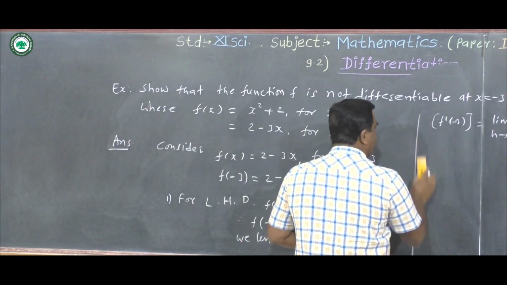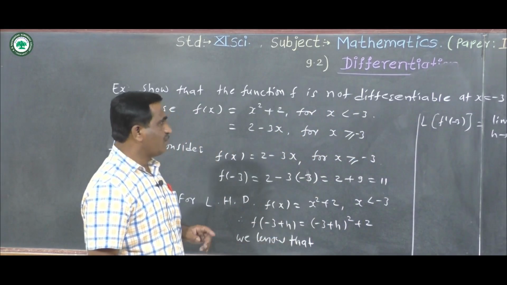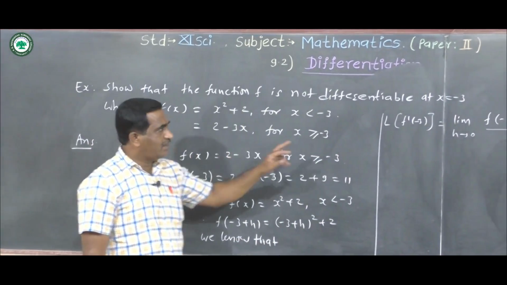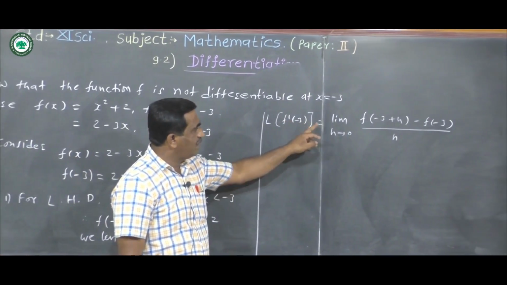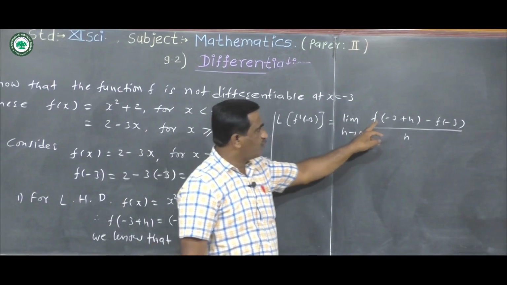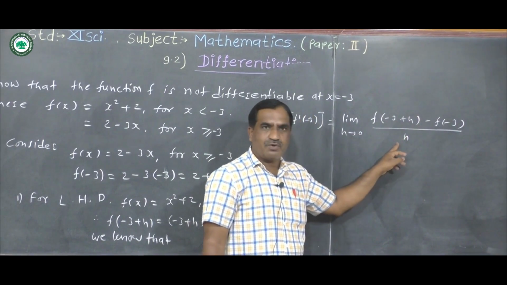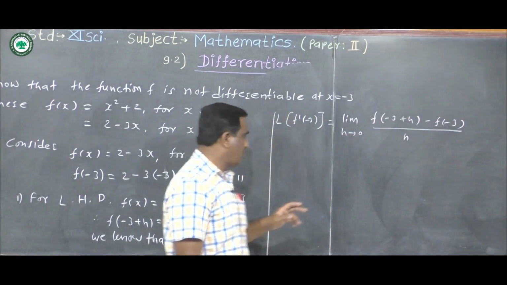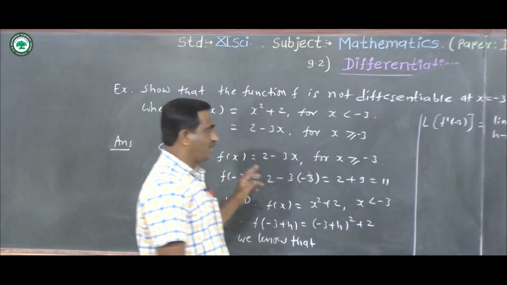Here we can write L f'(-3), the left hand derivative at x equal to -3, is equal to limit h tends to 0 of [f(-3 + h) - f(-3)] upon h.